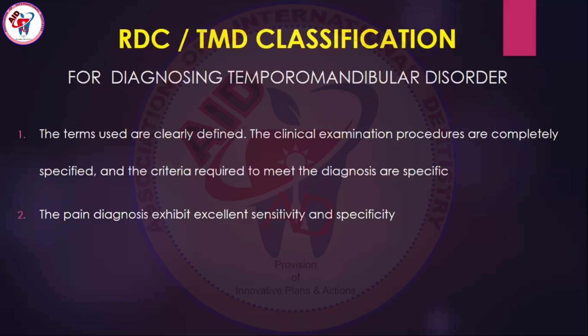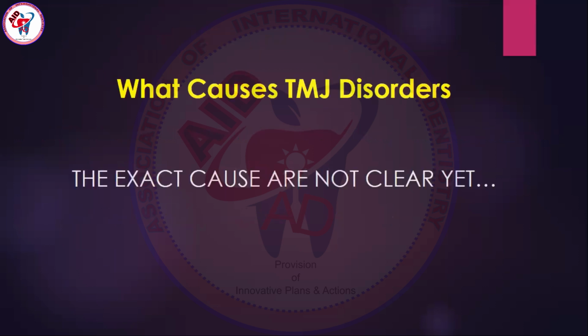So then RDC is a very simple thing, that is the required diagnostic criteria for TMD classification. This classification actually is a vague classification, and they have tried to cover it more with reference to pain as compared to TMJ diseases.